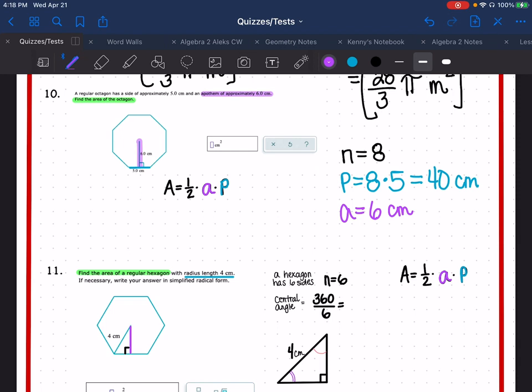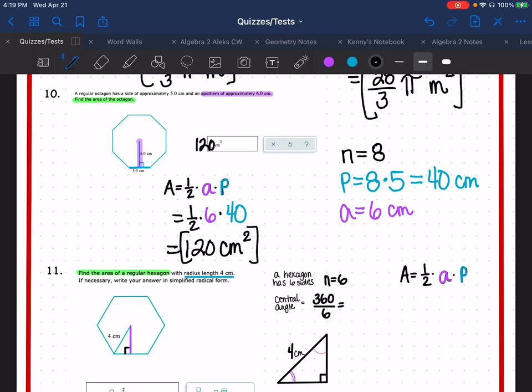Well, they said 6.0, but I'm just going to put it at 6. All right, now I can go ahead and plug everything into the formula. One half times 6 times 40. And so I'm just going to multiply 1/2 times 6 times 40, and I get an answer of 120. It's area, so it would be centimeters squared.